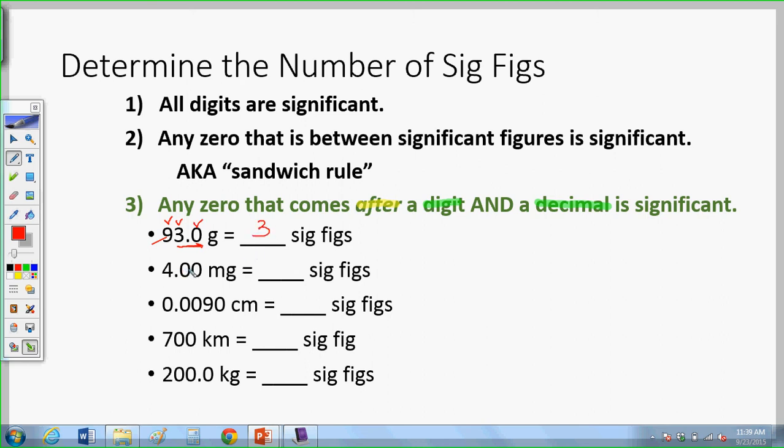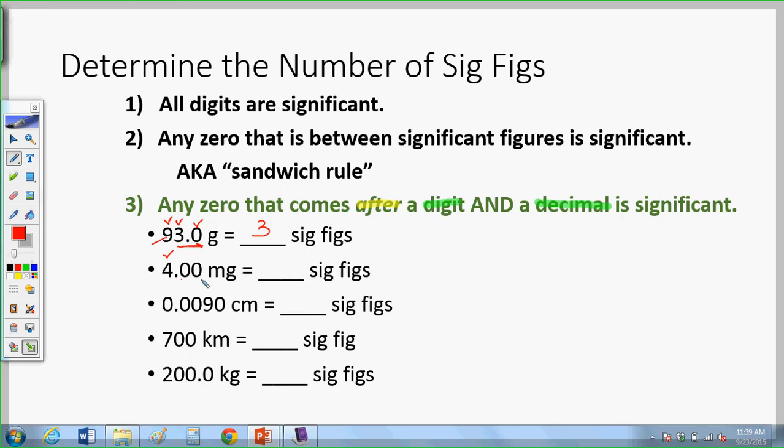In the next measurement, I'm going to start by putting a check mark above all digits. And I'm going to look for any 0 that is in a sandwich, which is the second rule, and I currently do not see any. I can always go back and revisit that rule or any of these rules in any order that I might want to. Next, I'm going to look at rule number 3 for zeros that come after a digit and a decimal. So when I do that, I'm going to notice that these 2 zeros here, they come after, meaning to the right-hand side of this decimal, and they come to the right-hand side of the digit, the 4.